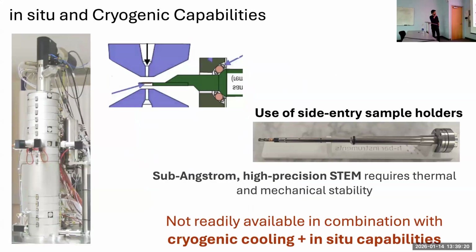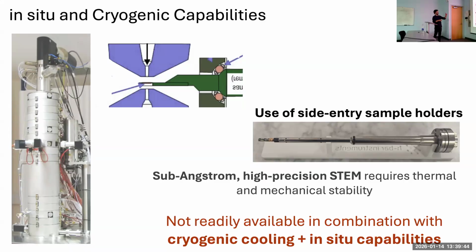So I want to wrap up with a quick discussion about in situ and cryogenic capabilities and the challenges. As a reminder, we typically make a sample, 3 millimeter grid. We put it on a sample holder, and this thing is inserted in this goniometer. And there's a lot of restrictions on the size and dimensions. For one, our sample has to fit in this pole piece.